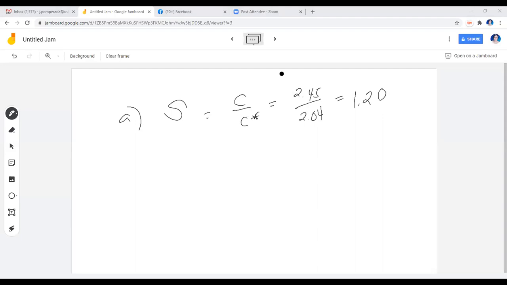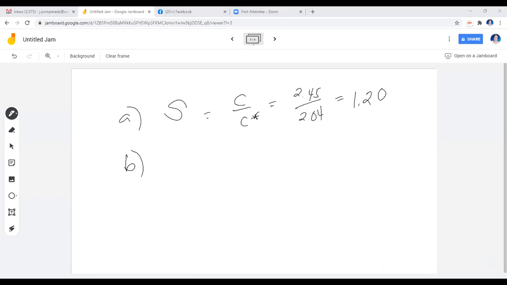Now, letter B. In letter B, this time the unit that the problem is asking from you when you determine the supersaturation ratio would be kilogram sucrose per kilogram of solution. How will you do that?